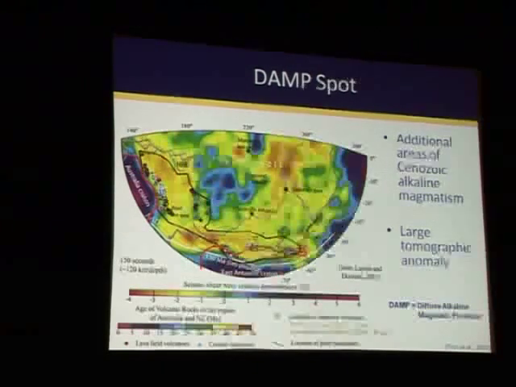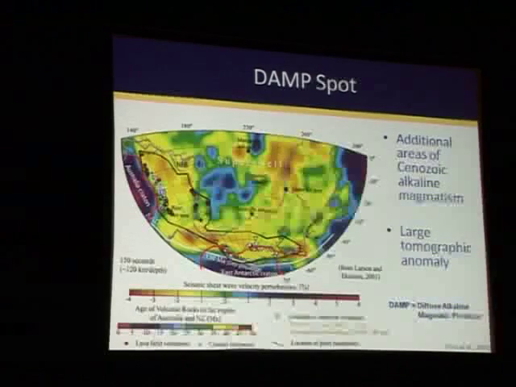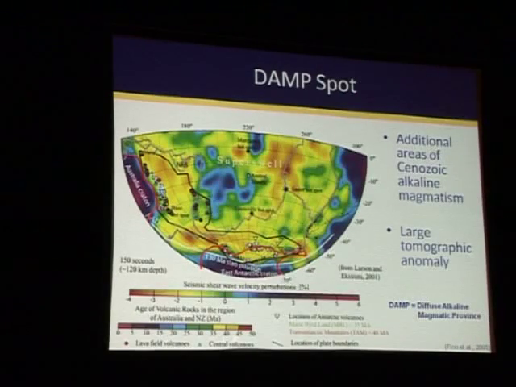And what has been observed from mantle tomography is that there is a very large area within the Southern Ocean, as you see here, that has anomalously low seismic velocities. And the question has been, are we looking at a thermal anomaly in this case, or are we looking at the possibility that the mantle here is particularly wet?